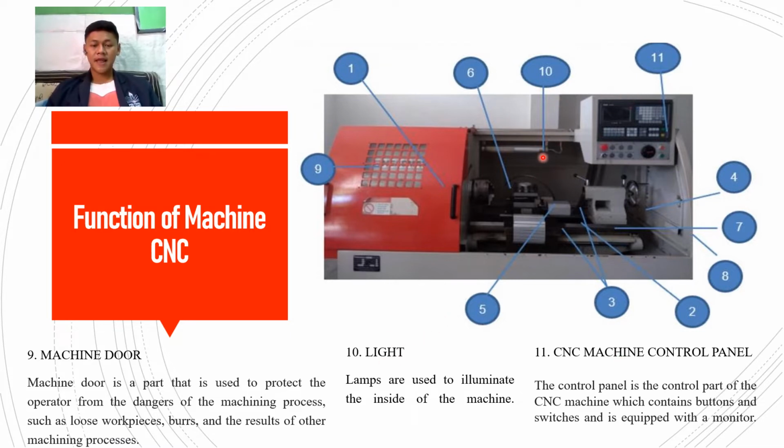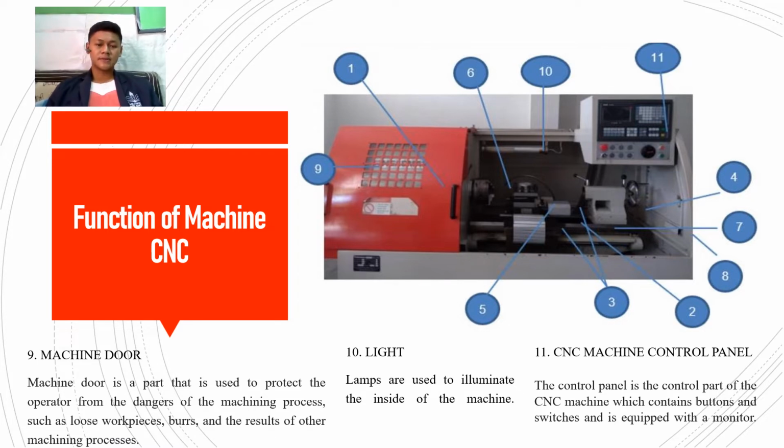Light lamps are used to illuminate the inside of the machine. And eleven, CNC machine control panel. The control panel is the control part of the CNC machine which contains buttons and switches and is equipped with a monitor.